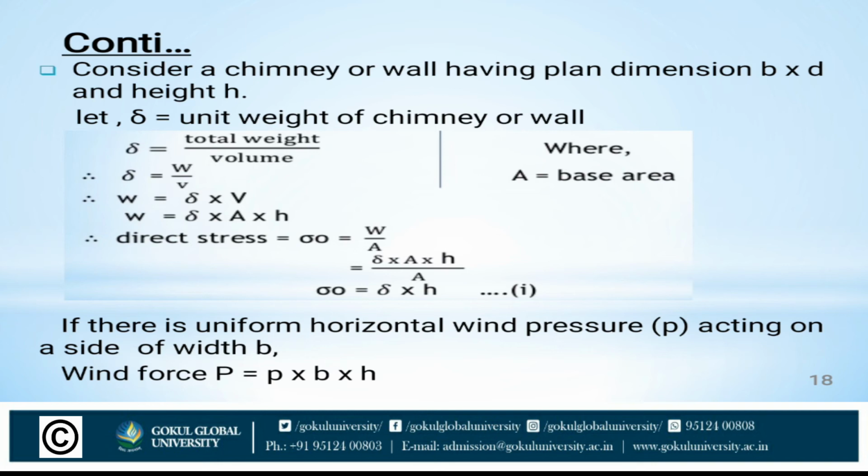So direct stress sigma 0 is equal to W by A. So sigma 0 is equal to delta multiplied with A multiplied with H divided by A. So sigma 0 is equal to delta into H.